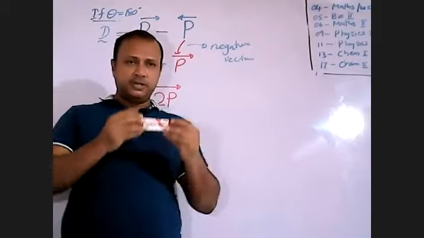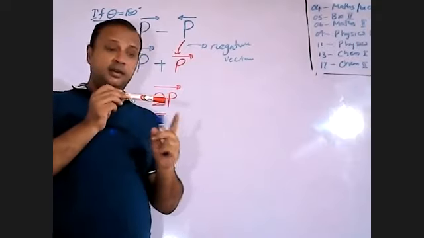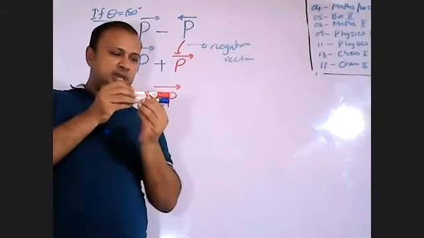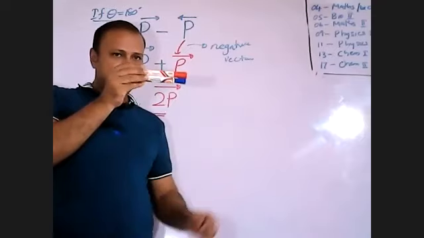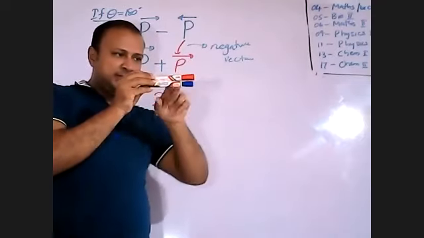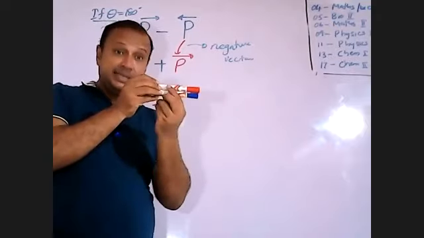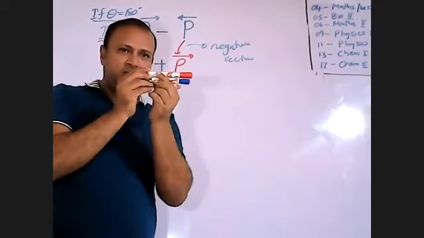So suppose there are two vectors here. The direction of a vector is represented by this clip. If both clips are in the same direction, then the angle between them is 0.